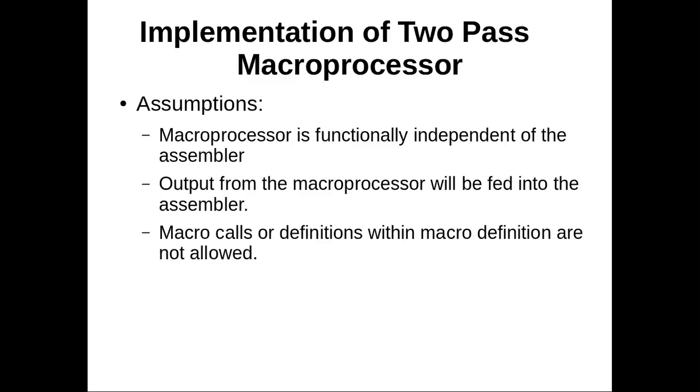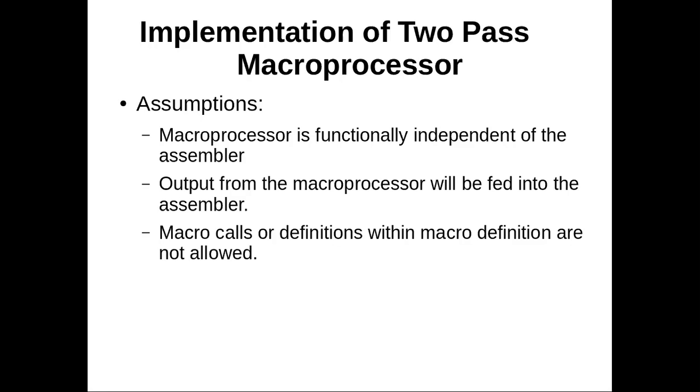From the second step onwards, it differs in each algorithm. So first we are going to see the two-pass algorithm for implementation of the macro processor. In today's class, we'll concentrate on the two-pass macro processor algorithm. When we are implementing the macro processor using two passes, we have to assume a few things. So what are the assumptions made in this particular implementation? First assumption is macro processor is functionally independent of the assembler.